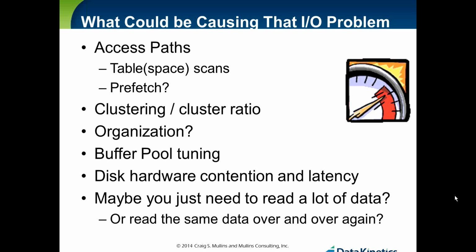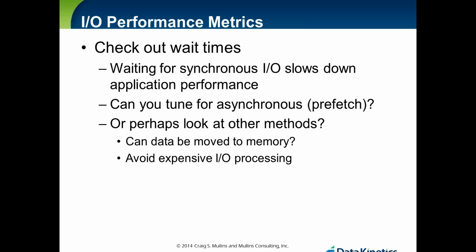You can look at tuning for prefetch by configuring buffer pools better for sequential access, tuning the thresholds, moving database objects between buffer pools, and tuning for the type of access that is typically required. Or you can look at other methods of moving data into memory, like staging a table completely into a buffer pool.